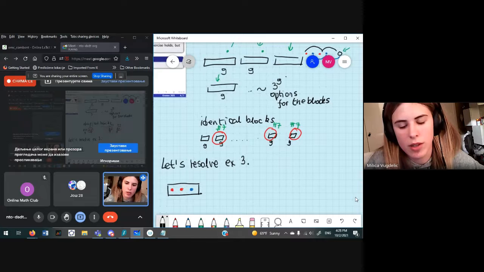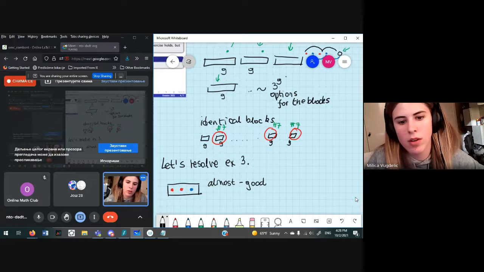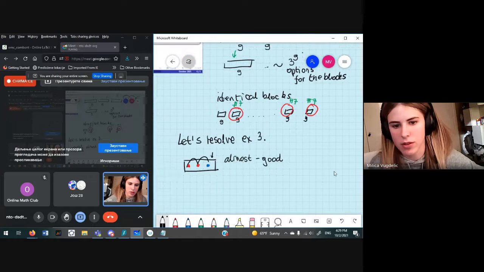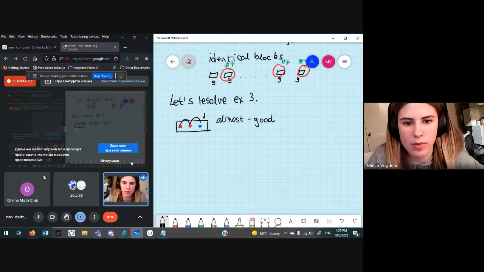We're solving exercise 3, so again we have two colors. Almost good. So it goes like this. There are also some other almost good types. So we know the red one is the first.